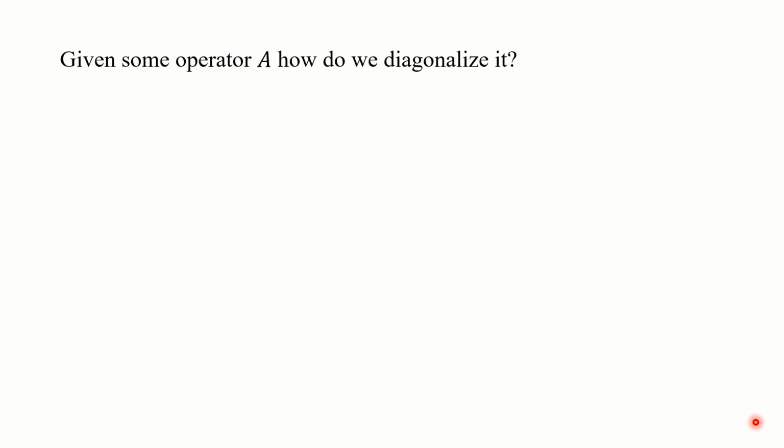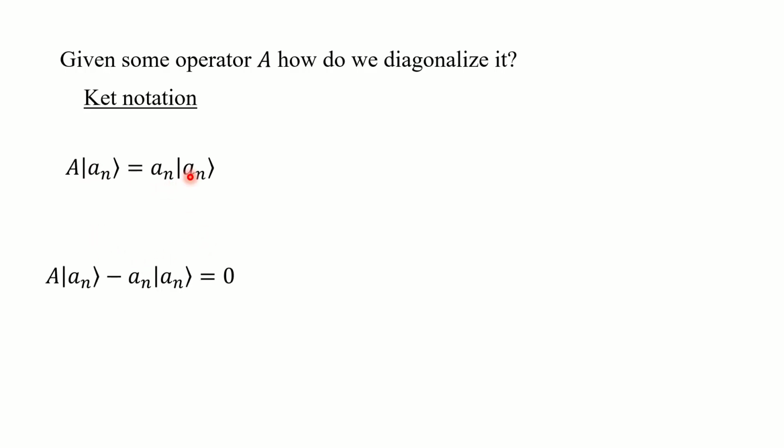So let's say we're given some operator A. How do we diagonalize that? Well, in ket notation, the eigenvalue equation for that operator would be the operator acting on some eigenket equals that scalar constant times that same ket. If we bring everything to one side, we end up with that operator times that ket minus that constant times that ket.